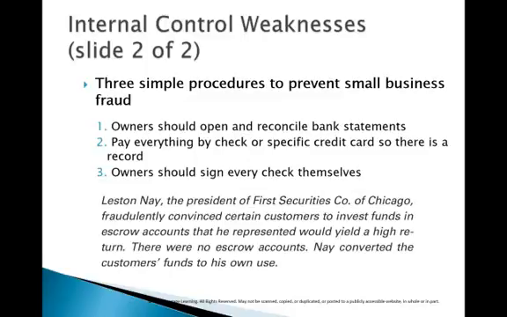So you're the one who has to look at the documentation related to all the checks and sign the checks yourself. If you sign the checks and reconcile the bank statement every month, it doesn't mean that theft is impossible, but it's going to make it very difficult for your bookkeeper or others to steal from you. There's an example here of the president of First Securities Company, Chicago.